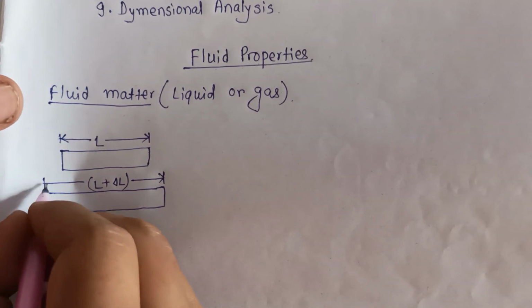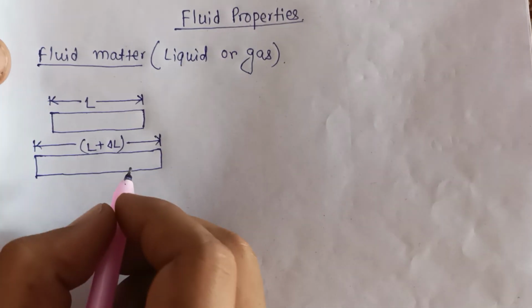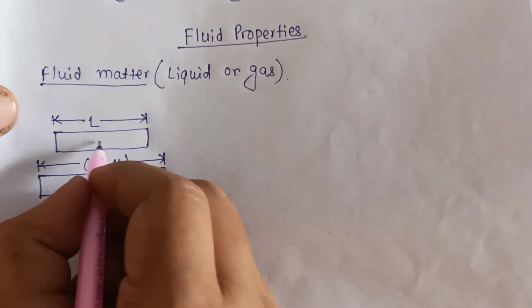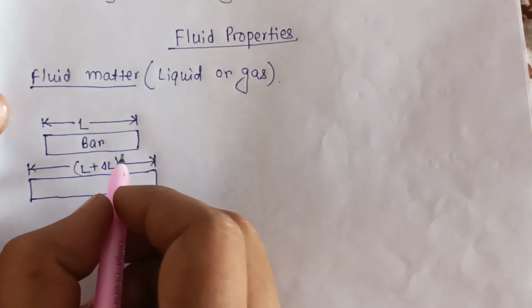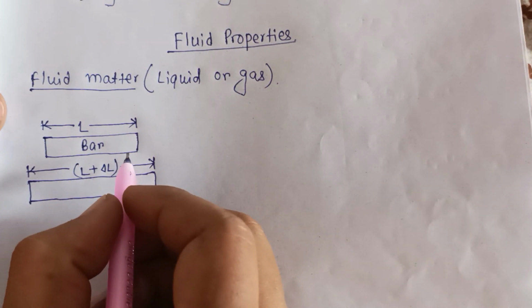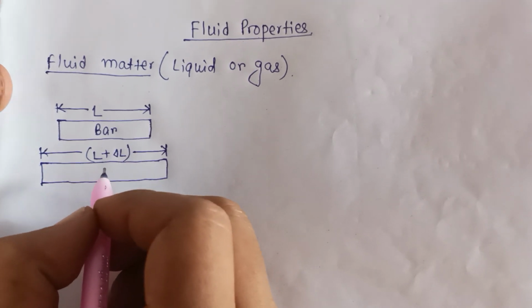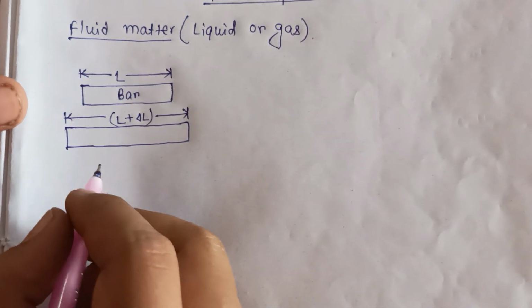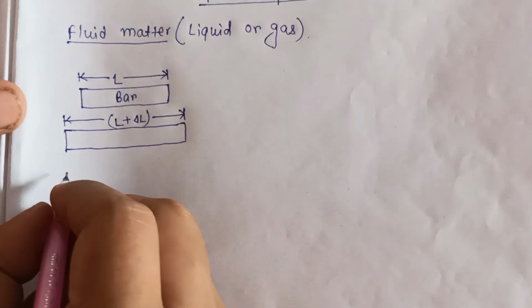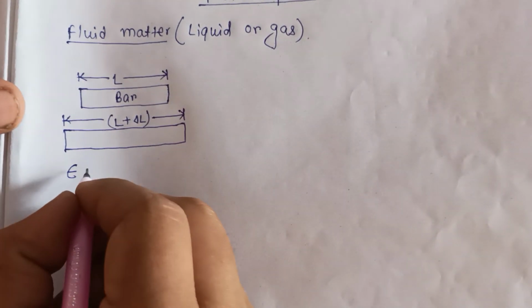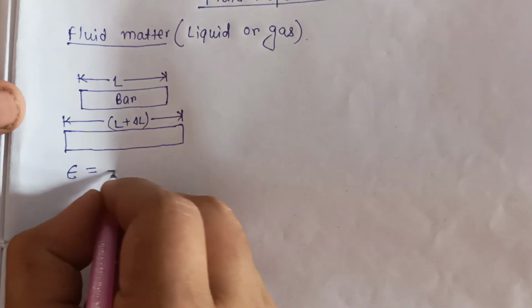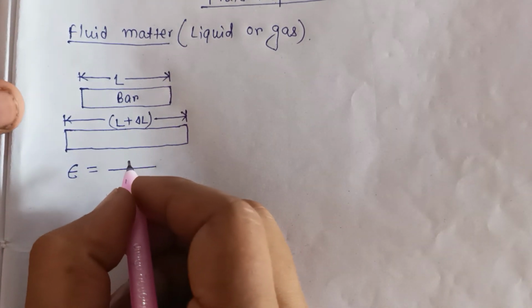So this is the bar, and due to some force applied, the length increases. Now if you want to calculate the linear strain, epsilon, it is equal to change in length by original length.